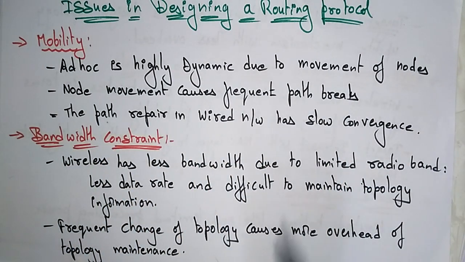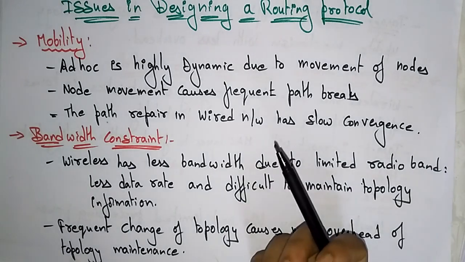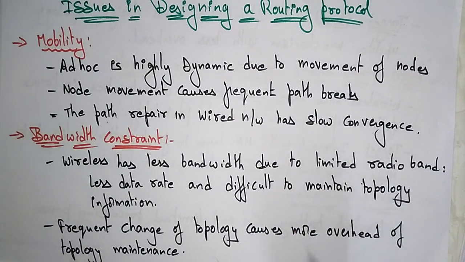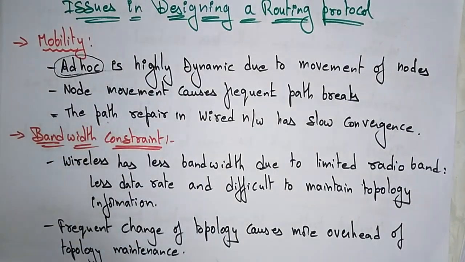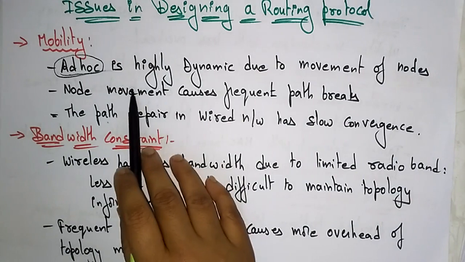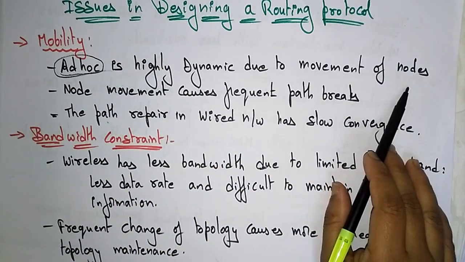A node is nothing but a communication device, whether it is a mobile or a laptop or whatever it may be. The nodes are moving dynamically from one place to another place, so we are using ad hoc concepts to manage the network. To maintain the mobility, the ad hoc network is highly dynamic due to movement of nodes.